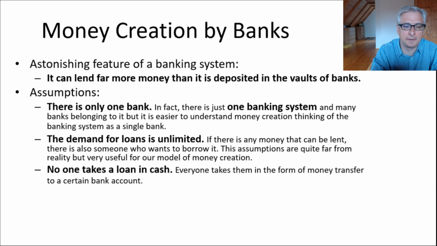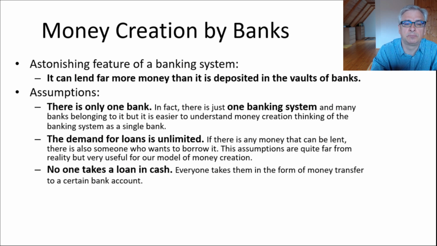Not one building, but imagine that all branches or offices are owned by one single bank. This is a simplification. In fact, we've got one banking system, so the money goes into one banking system instead of one bank. But I believe it is easier to understand the whole process if you imagine there is just one bank.